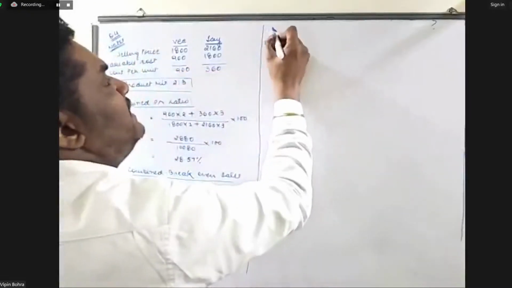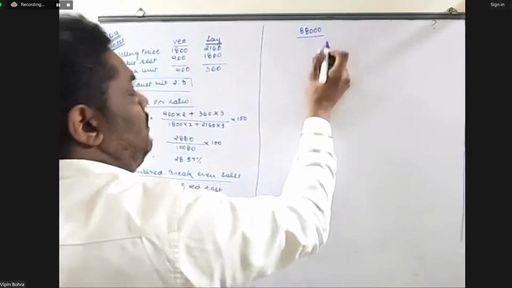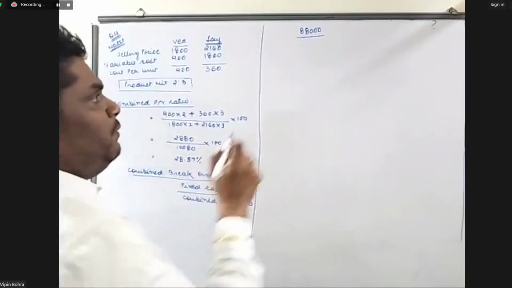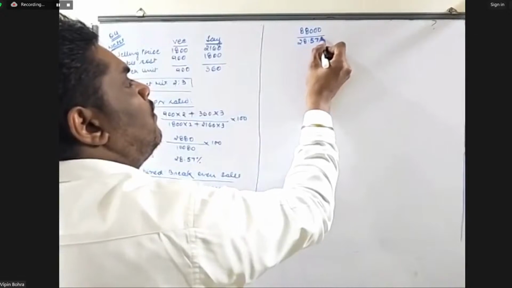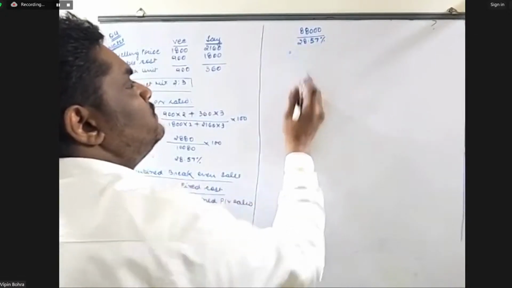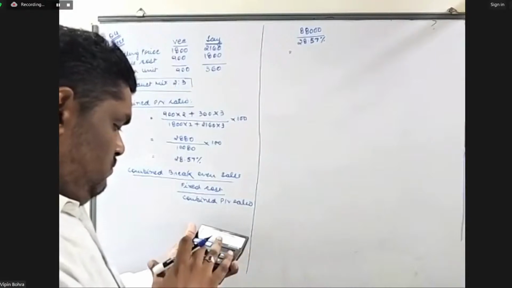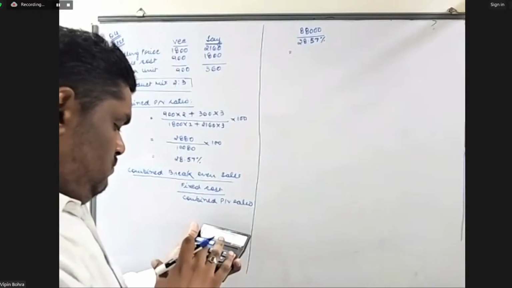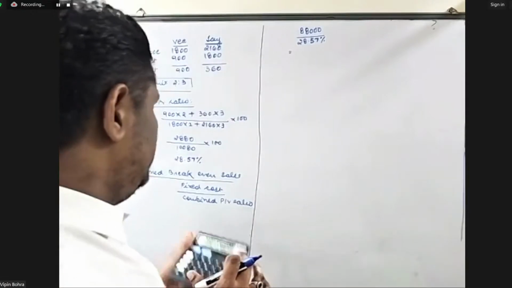So my combined break-even sales will be 88,000 divided by 28.57. This will be 308015.